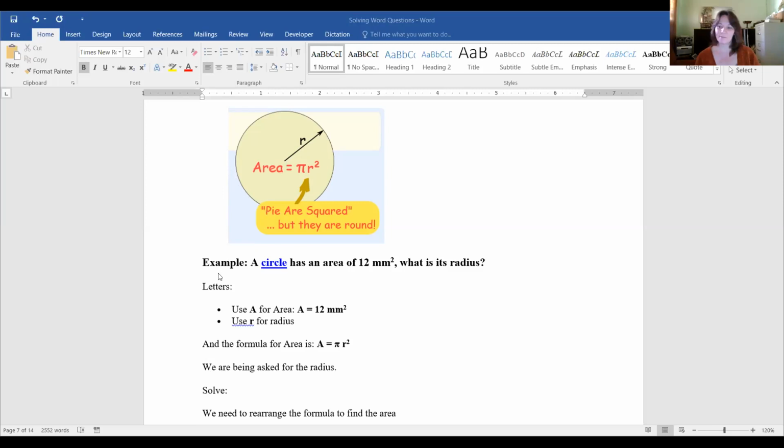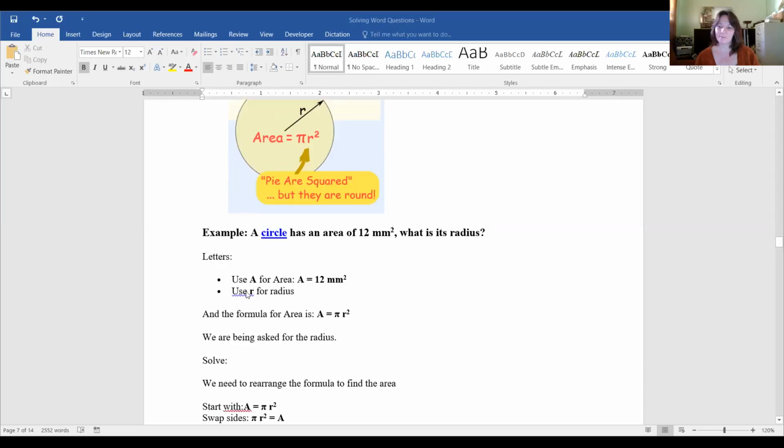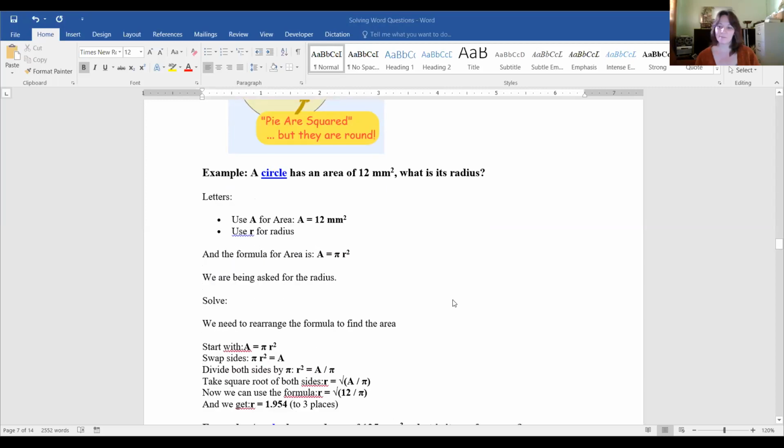Okay. So if it has an area of 12 square meters, what is its radius? If we use A for the area and r for the radius, then we have a formula that says area equals pi times r squared.